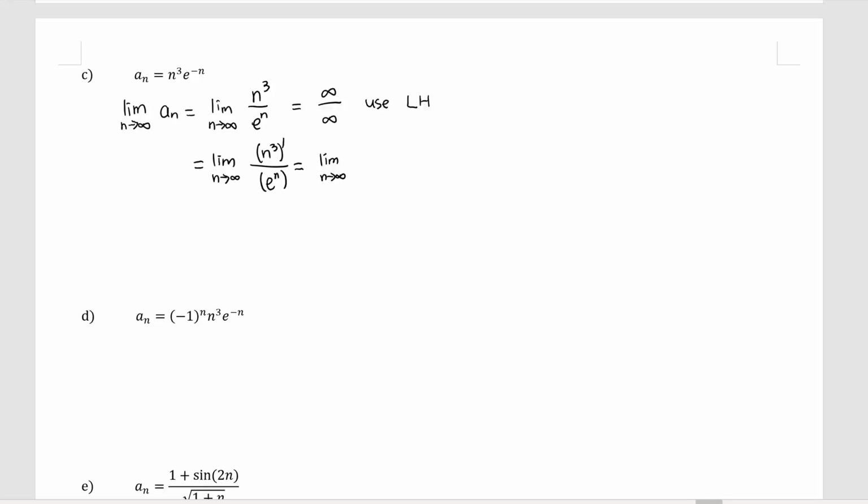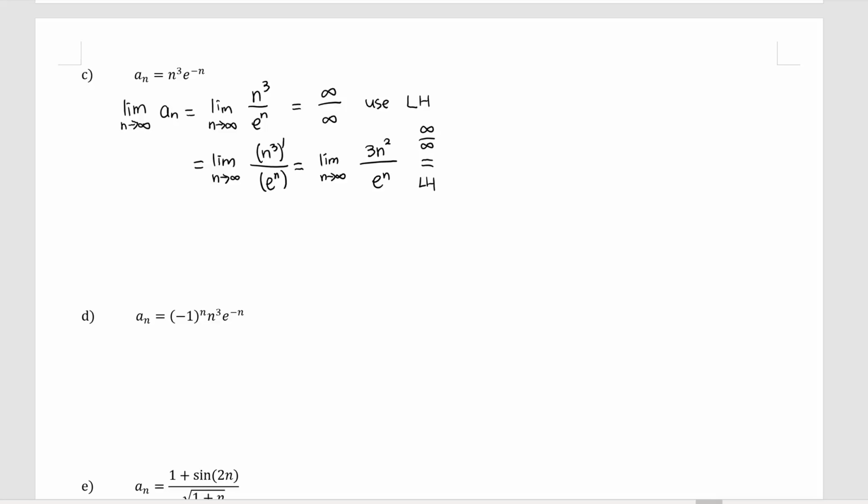The derivative of n cubed is 3n squared, thinking of n as the variable, and the derivative of e to the n is e to the n. When n goes to infinity, we still have infinity over infinity, so we use L'Hopital's rule again.